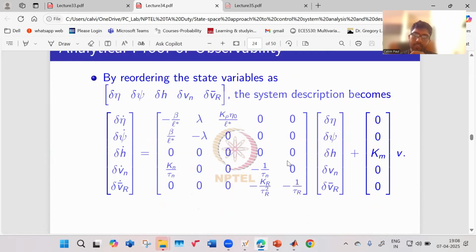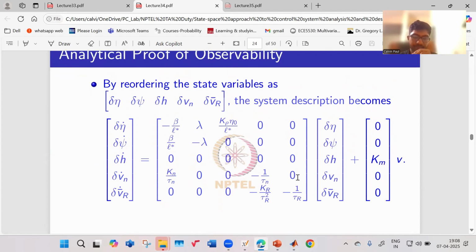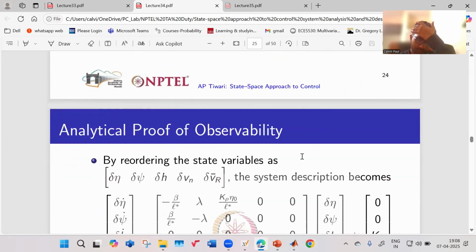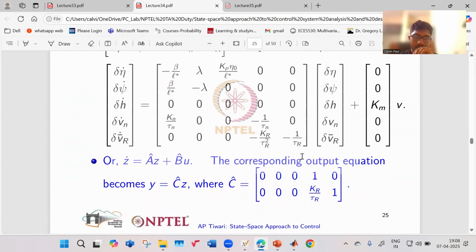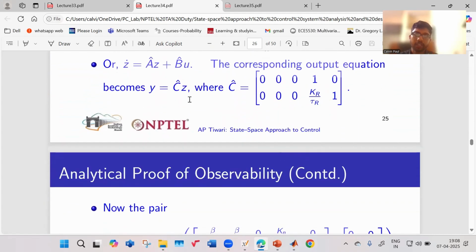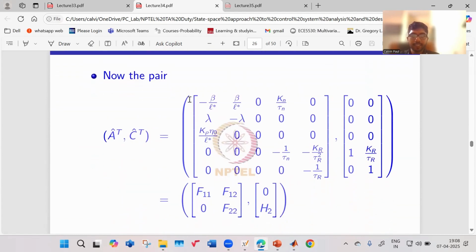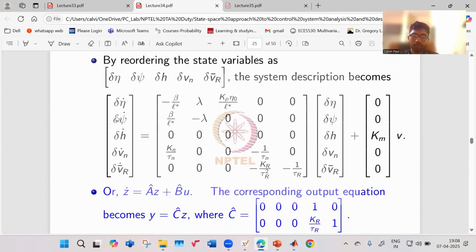Let us consider the analytical proof of observability. These states have been reordered in this format. These are the corresponding system equations, and these are the corresponding output equations. We have to find A hat, transpose, and C transpose.